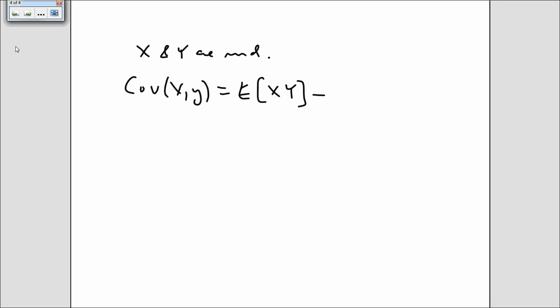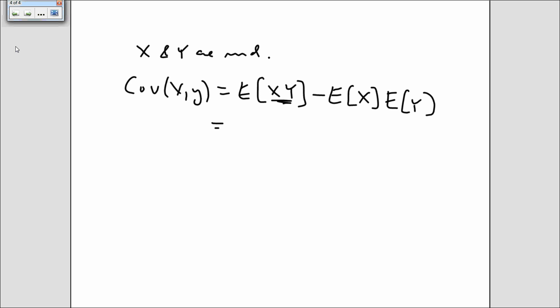what if x and y are independent? Well, we just said that the covariance of x and y is E of xy minus E of x times E of y. But that's going to be 0.